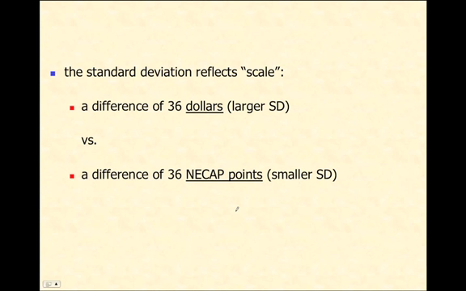Now, if you look at the average income of teachers in Maine, $36 is not going to be a large difference between two people's annualized incomes, where they total into the tens of thousands of dollars. But on an 80-point scale, 36 kneecap points is a much bigger difference because the average distance from the mean on the kneecap is much smaller than the average difference in dollars that we would expect to see between salaries of teachers.